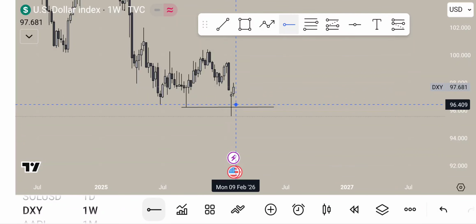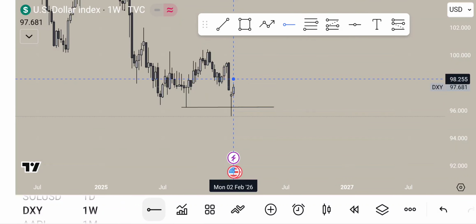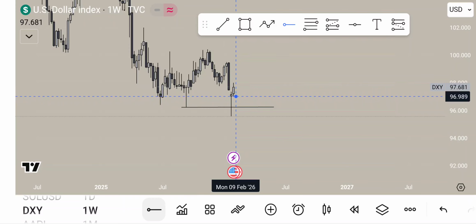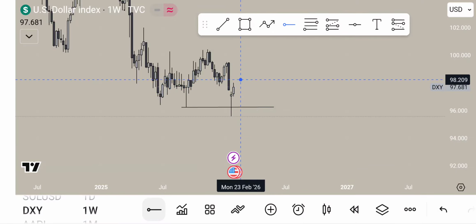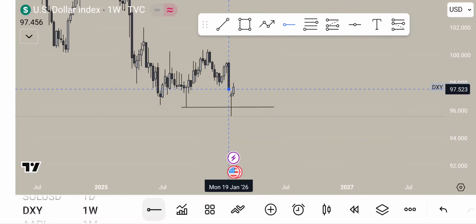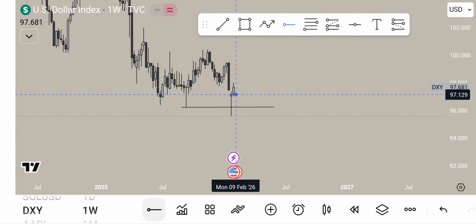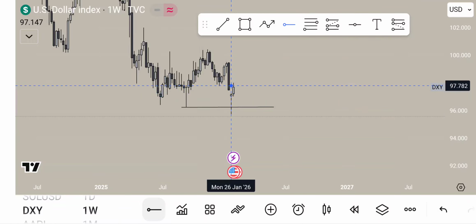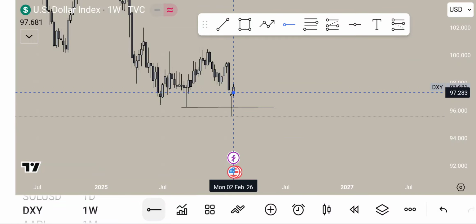And then last week opened and closed as a bullish candle, which confirms the bullish nature of DXY, the US dollar index. So weekly, it has been confirmed that it is bullish.